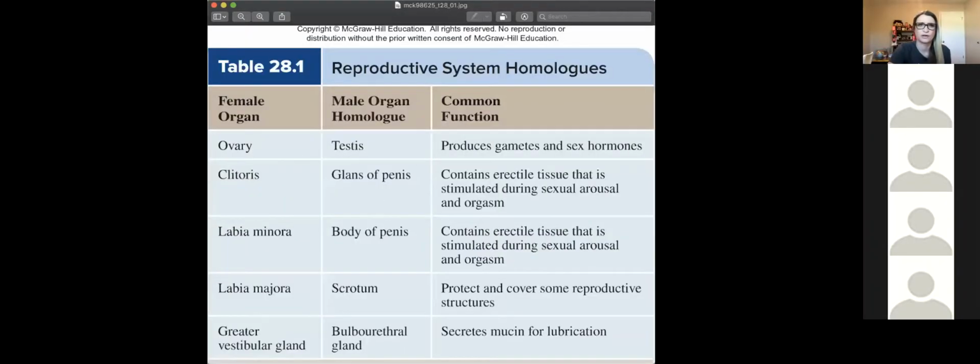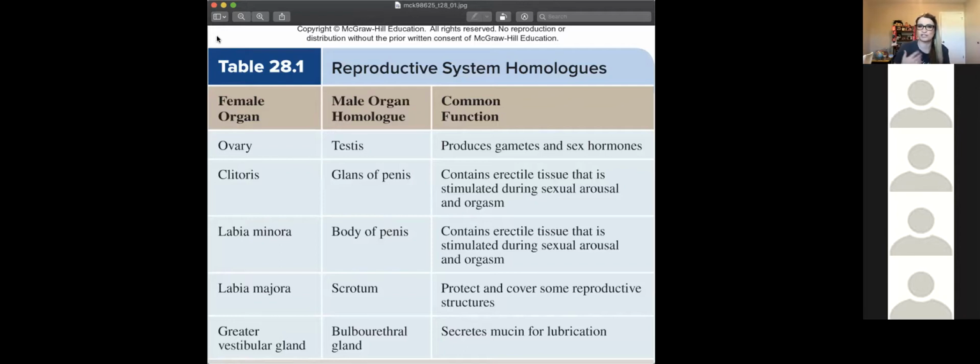All right. Okay, so if you look at table 28.1, it summarizes nicely what the homologs are. The first homologous pair of structures is the ovary and testes. What we will see towards the end of this chapter is that during fetal development, the cells that give rise to ovaries are the same cells that will give rise to testes.